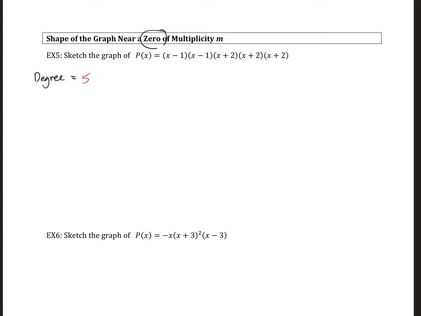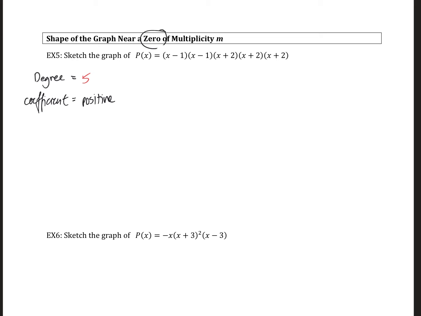Next, what do we need to do to figure out the end behavior? Well, we need to take a look at the coefficient. Is it positive or negative? In front of it, we just have a positive 1 hanging out, so it is positive.